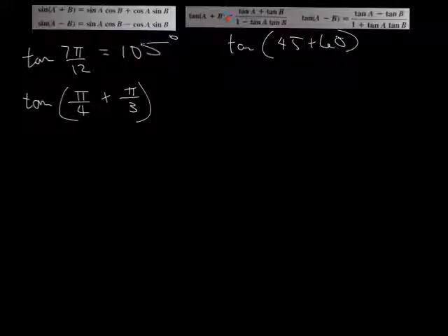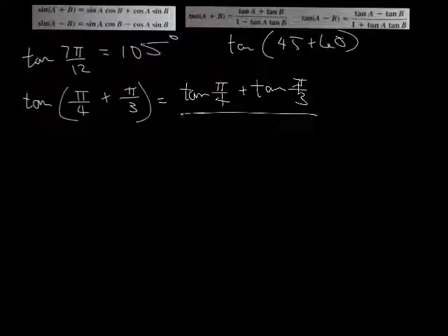So the tangent of pi over 4 plus pi over 3 is going to be the tangent of my first one plus the tangent of my second one, over 1 minus the tangent of my first one times the tangent of my second one right there. Okay, so it looks a little messy, but it's really not too bad.